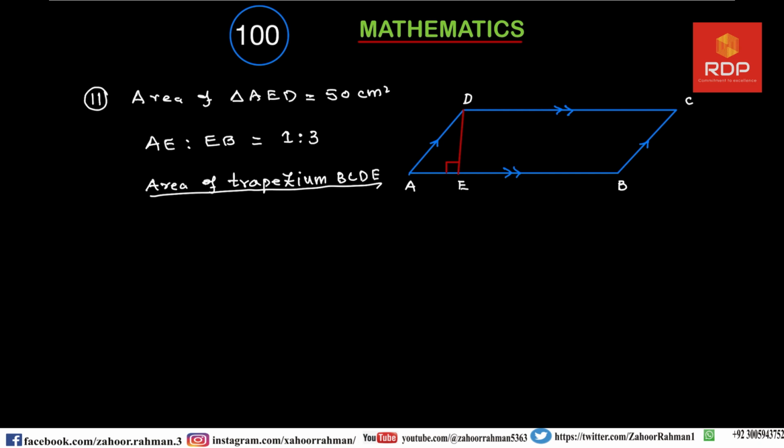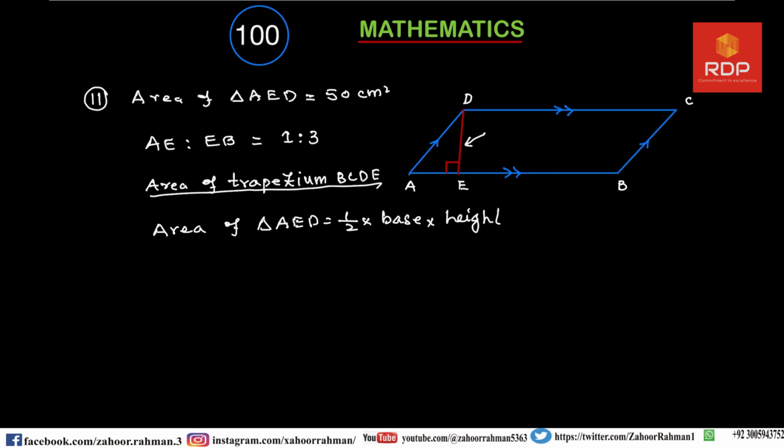So we have to find this one first. For that we say the area of triangle AED is equal to 1/2 into base into height.